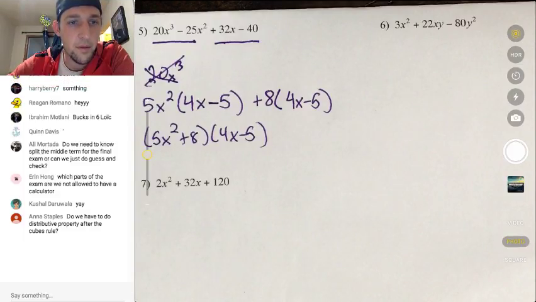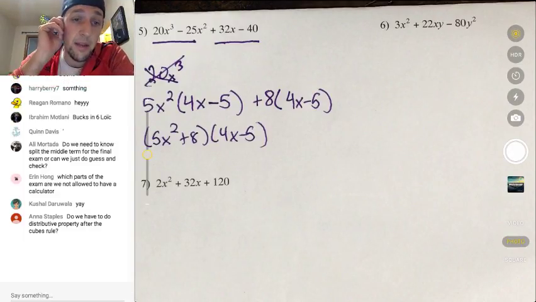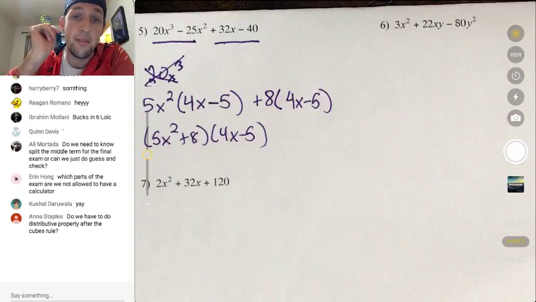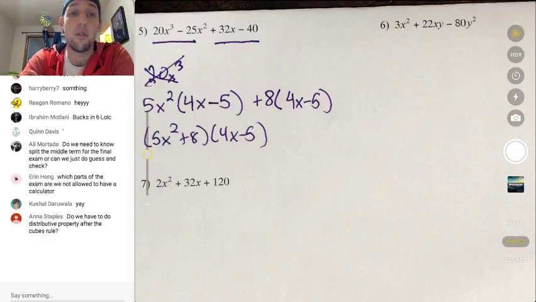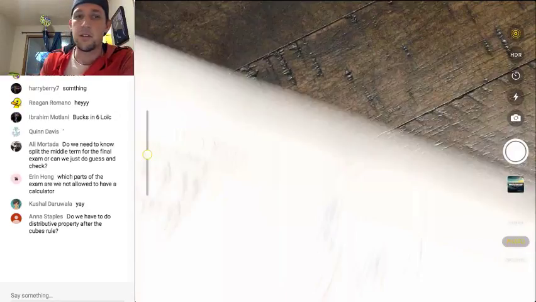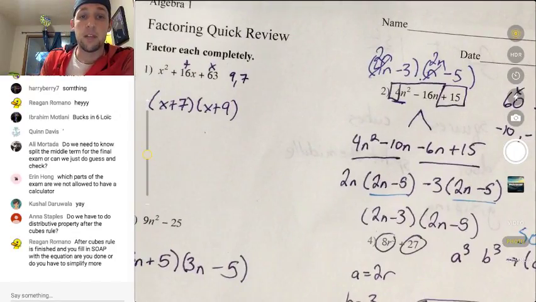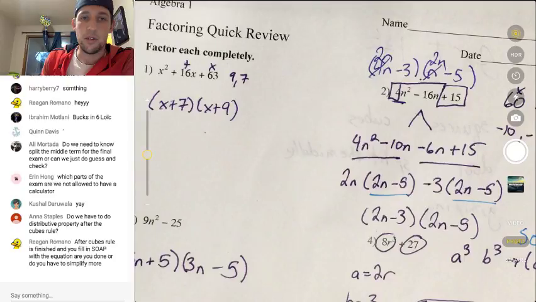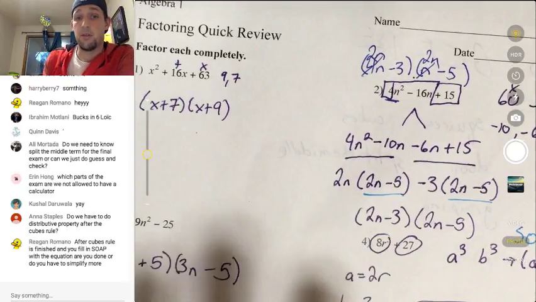Anna asked, do we have to do the distributive property after the cubes rule? For all of these factoring problems, every single one of them, there should be no distributive property afterwards. You just have to leave them as they are.